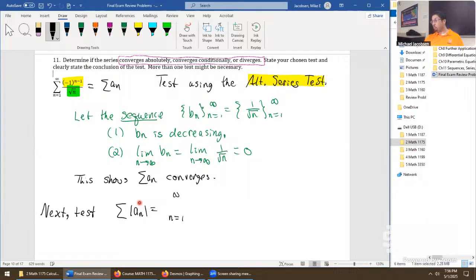It's a summation from 1 to infinity of the absolute value of (-1) to the power n minus 1 over root n. So we're not taking the absolute value of the whole series. That's a whole different expression. We're taking the absolute value of all the terms as we add them together one by one. All the terms are now going to be of this form, 1 over root n, after taking the absolute value.